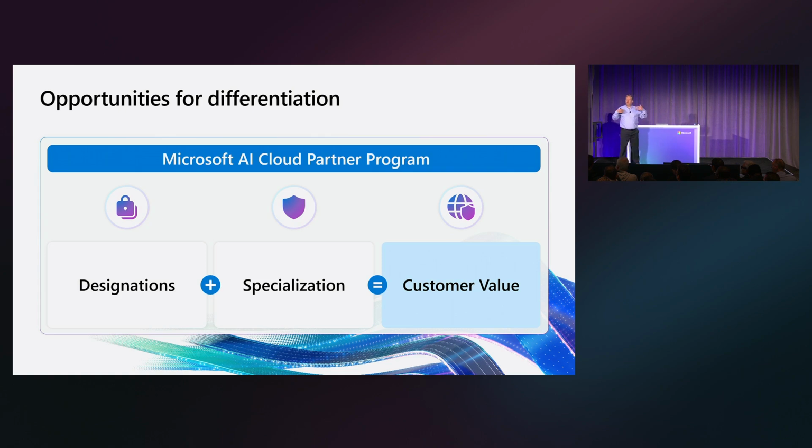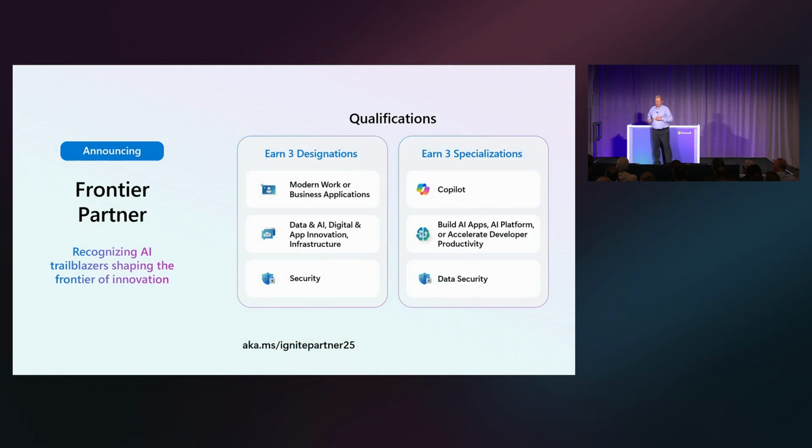The whole reason we do this is to provide customers with the appropriate level of granularity of information about the expertise of the ecosystem through which we go to market. Designations and specializations act as a signal of trust and an indicator of expertise, and they also unlock access to some exclusive benefits. So let's look at what's new in this space.